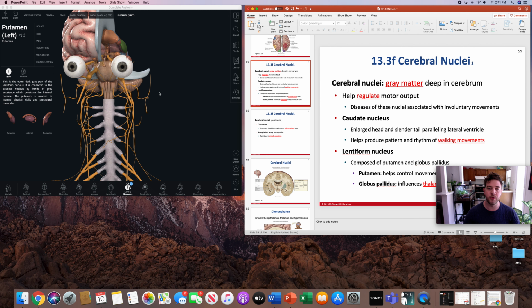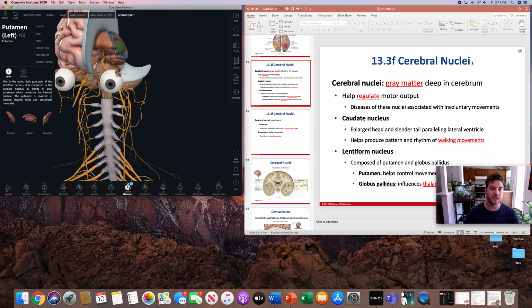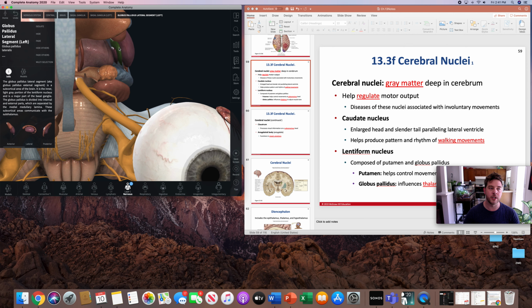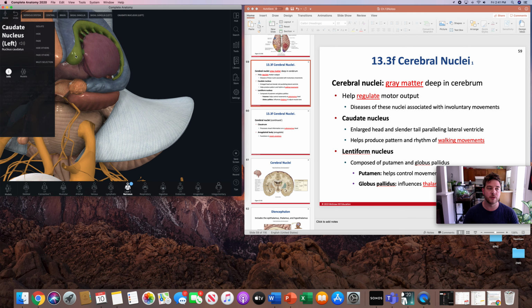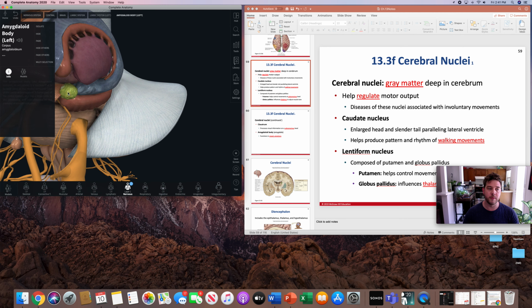So you have your lentiform nucleus composed of both the putamen, which is that highlighted structure right there, and then deep into that, you can see that right there is your globus pallidus. It has this divided into right and left segments, but these two things collectively make up your lentiform nucleus. And then you have, like I said, your caudate nucleus wrapped around it, and your amygdaloid body right there.